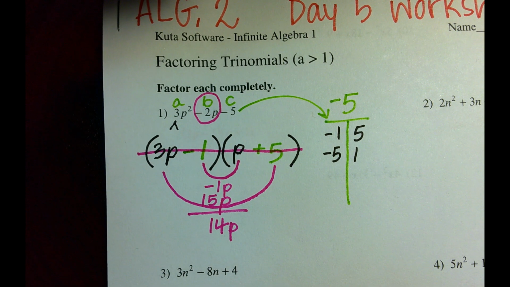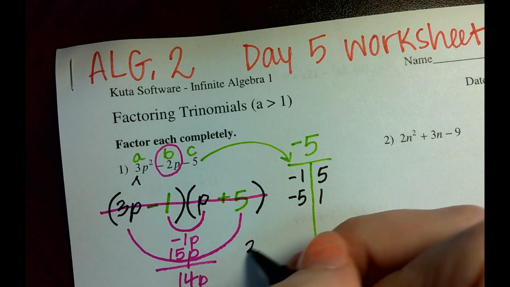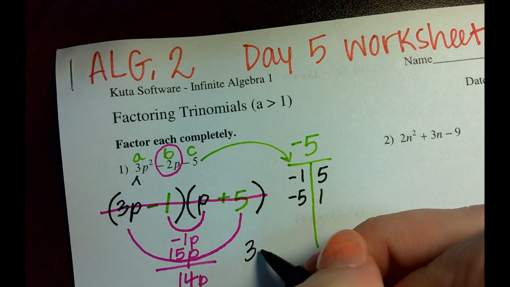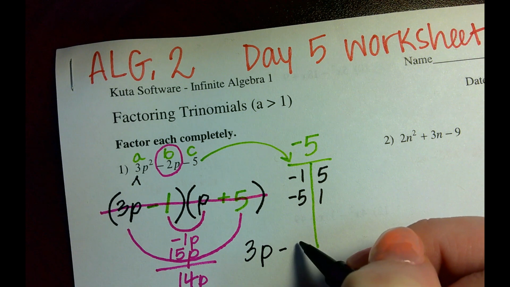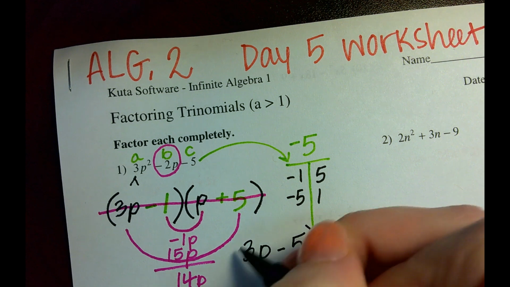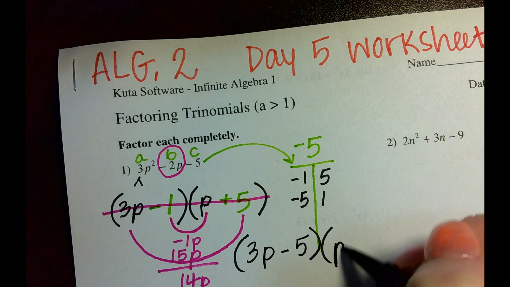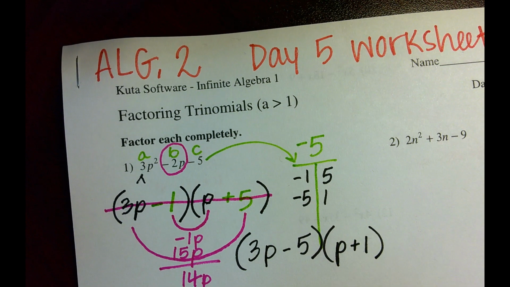So let's try 3p minus 5, and p plus 1. Let's see what that does.